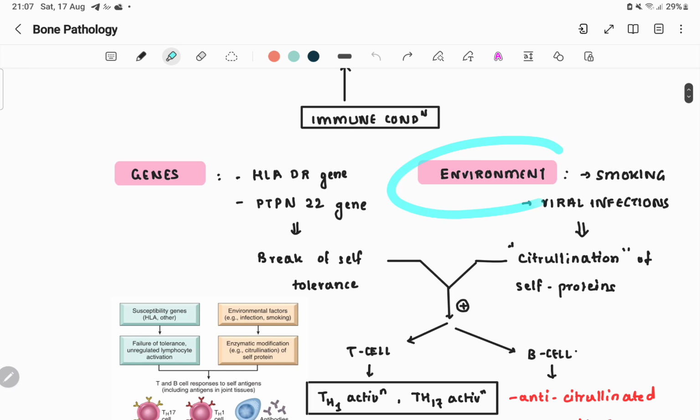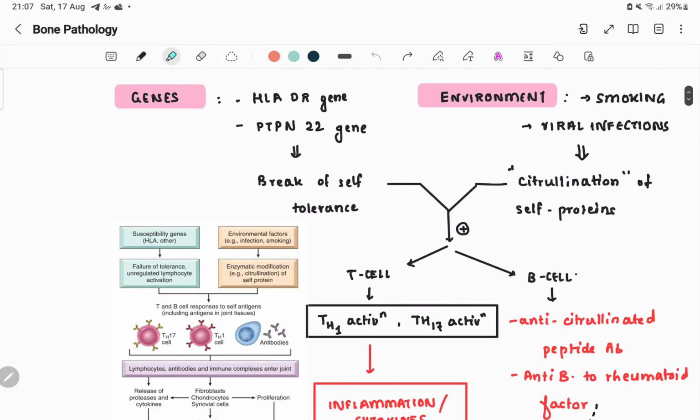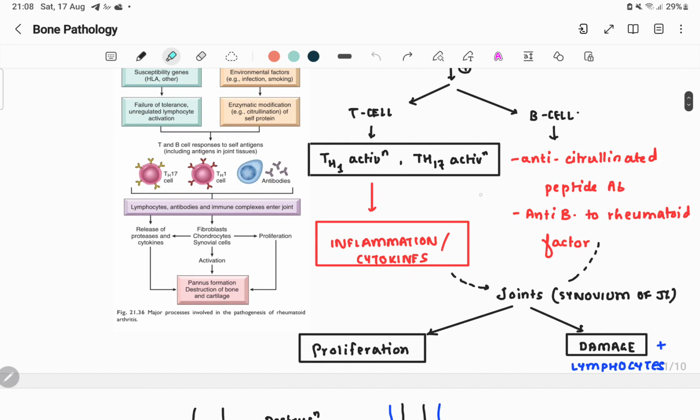Okay, and environmental factors like smoking and viral infection will cause the citrullination of cell proteins. The cell proteins are modified or citrullinated, and these both factors will stimulate the production of B cells and T cells. These T cells will start TH1 and TH17 activation. TH1 and TH17, as you can recall from the general path, will cause inflammation and cytokine release.